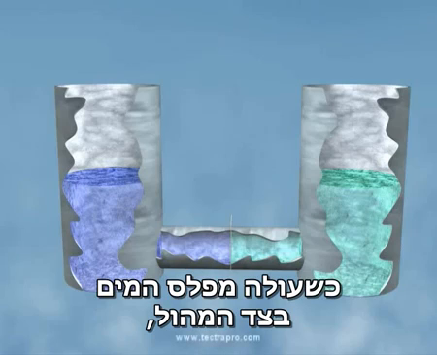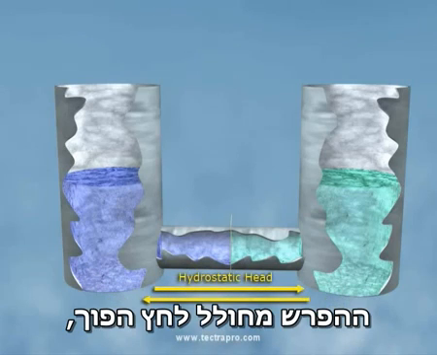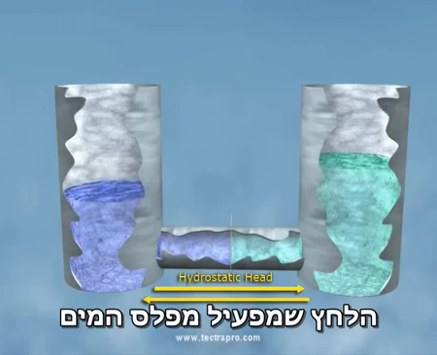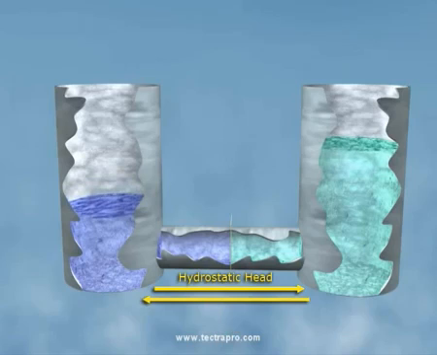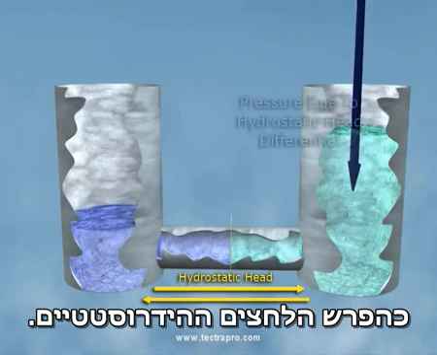As the water level on the impure side of the model rises and the level on the pure side decreases, the difference causes an opposing pressure that resists the migration of water molecules. Being that pressure exerted by water levels is known as hydrostatic head, this opposing pressure is known as hydrostatic head differential.